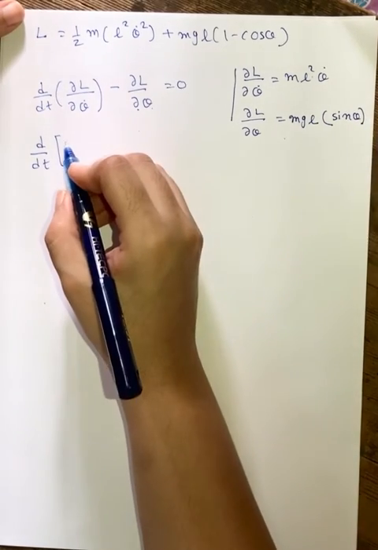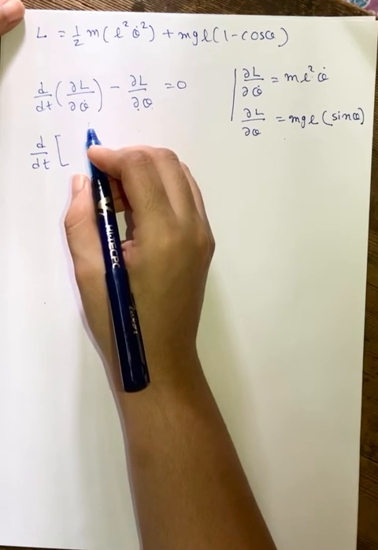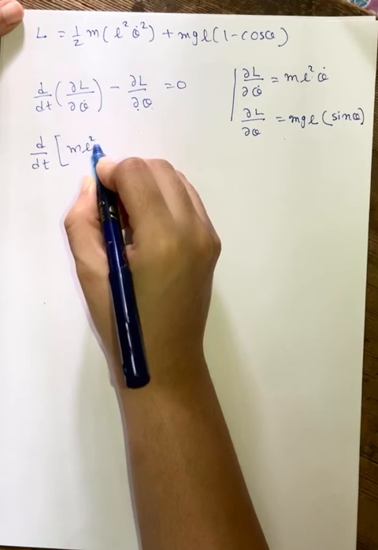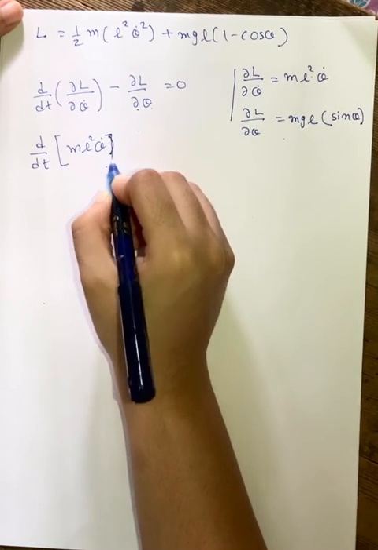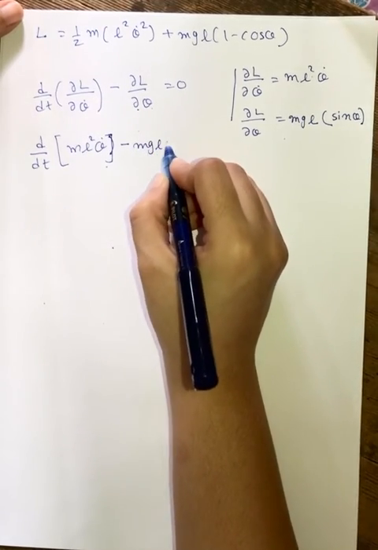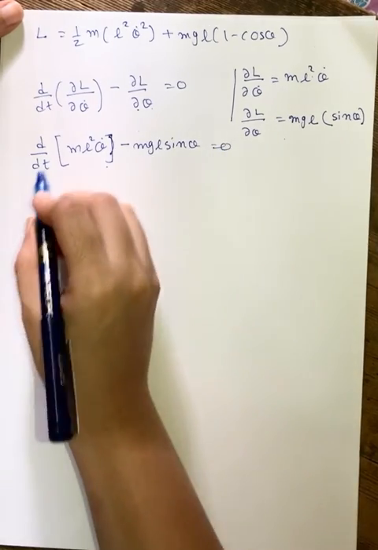So we put the values: ml square theta dot minus mgl sine theta equals 0.